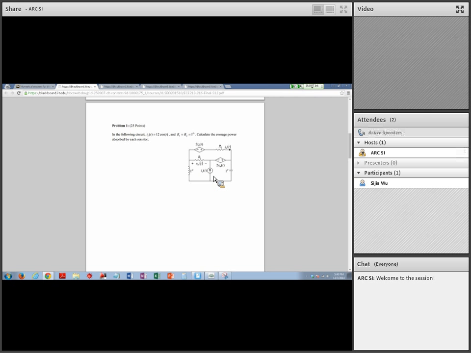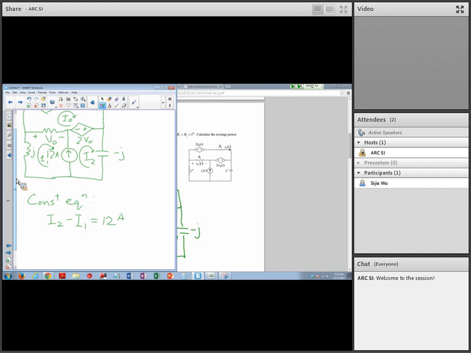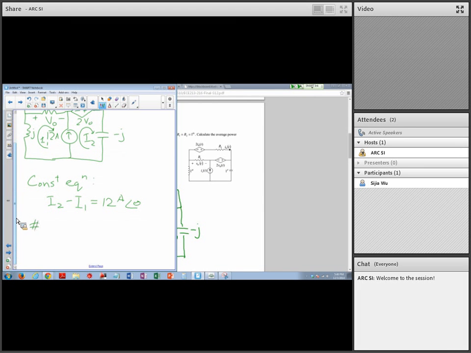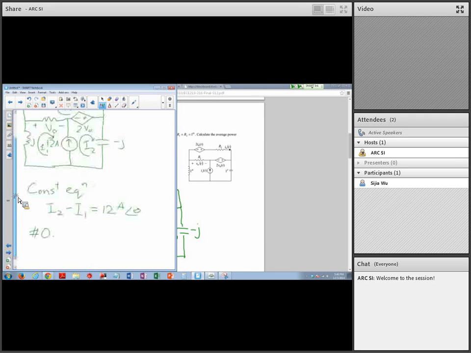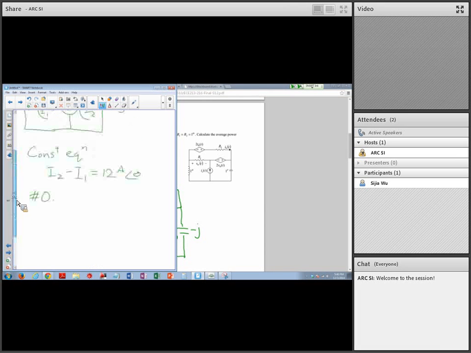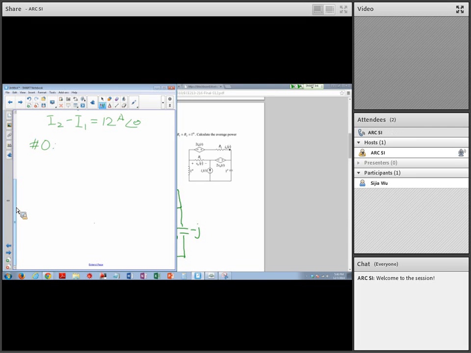Just call this constant integration. Do mesh 0. Start on the middle.